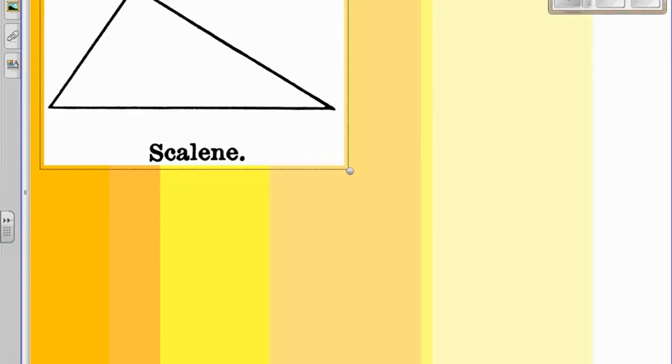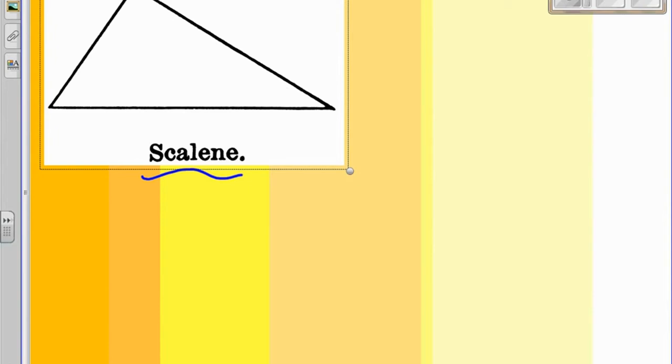Here's the last triangle, guys, and I call this triangle the lonely triangle. He is a scalene triangle, and he's lonely because he is scaly. I like to pretend that he's scaly, so he's got no friends. Nothing about him is the same. Poor guy.